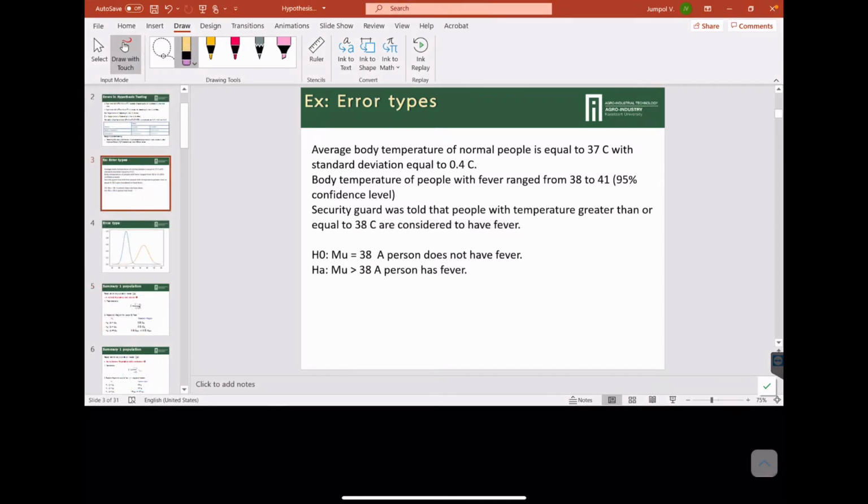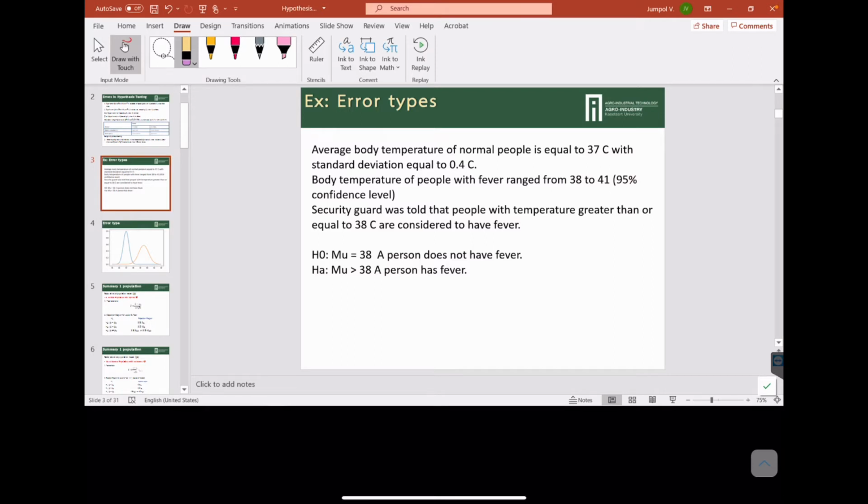Example, error types here. So the average body temperature of normal people is equal to 37 degrees Celsius with standard deviation equal to 0.4. The body temperature of people with fever ranged from 38 to 41. This is 95% confidence, so the 38 to 41 is the confidence interval of the people with fever with 95% confidence.